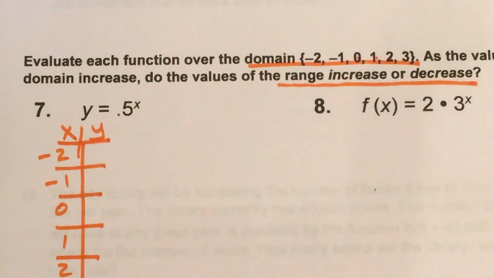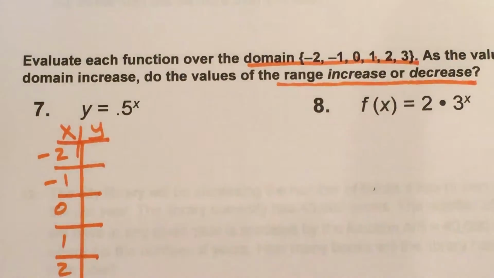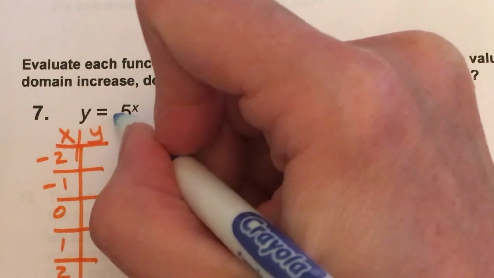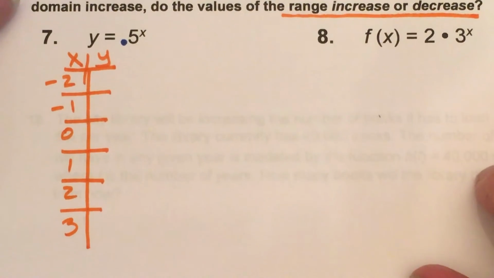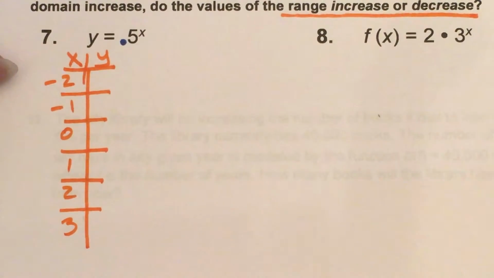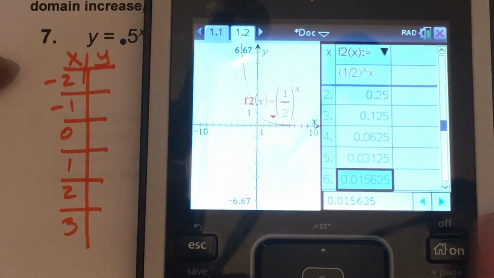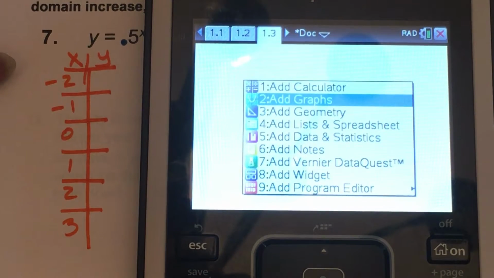All right, so there really is a decimal right there. It's hard to see, but I will clarify that. That is a decimal, 0.5. Let's get a graph.